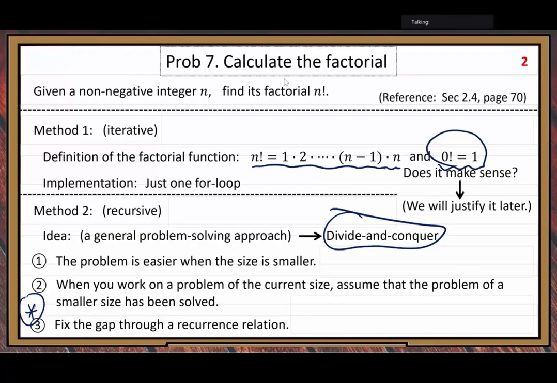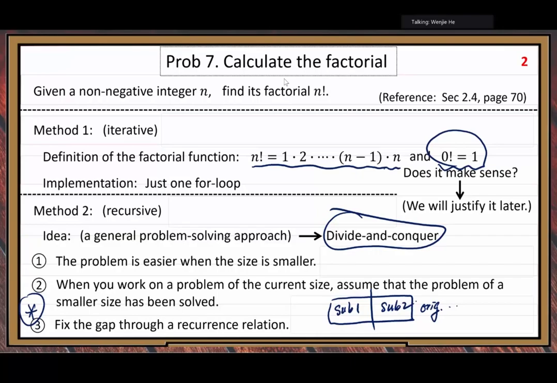For example, this is the original problem. The size is like this. So then you divide it into smaller problems, sub 1, sub 2, for example. Smaller subproblems, by recursion, you can solve them.